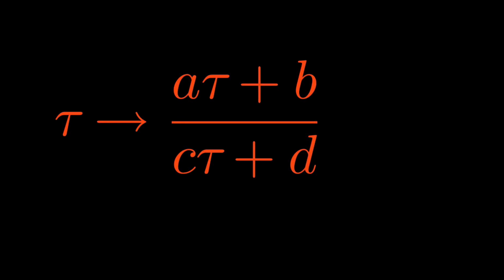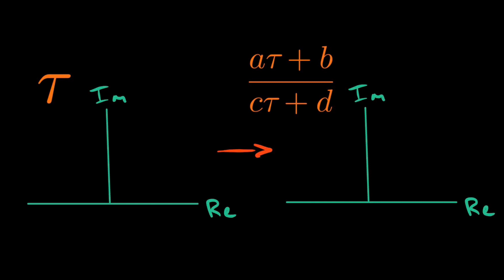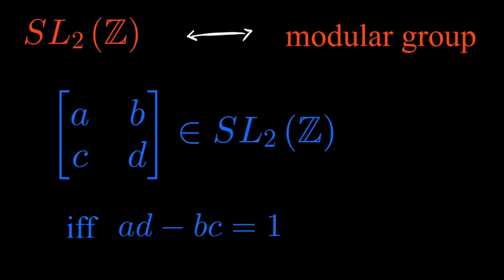Many of you will notice that we can express this as the set of all 2x2 matrices with integer entries and determinant 1. However, the action of it is on the complex upper half plane. From now on, I will only be discussing level 1 modular forms, which transform nicely under the full modular group. There are other modular forms which only transform under a subgroup.